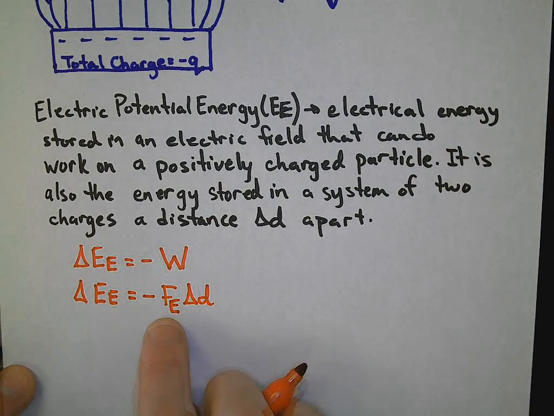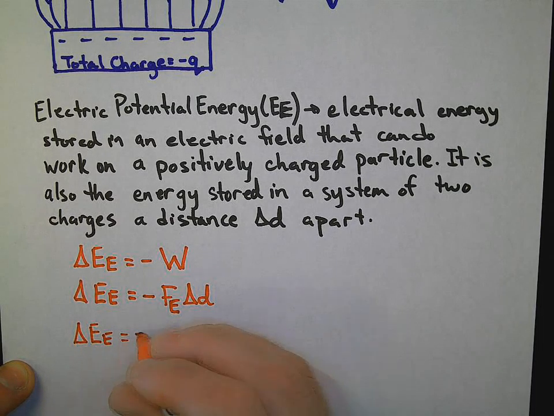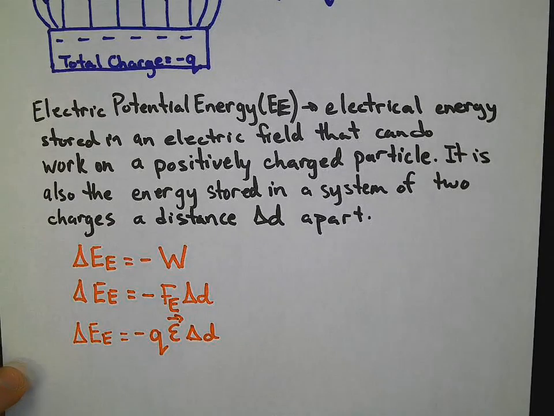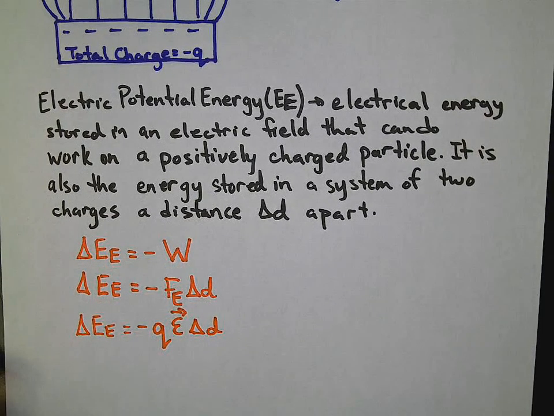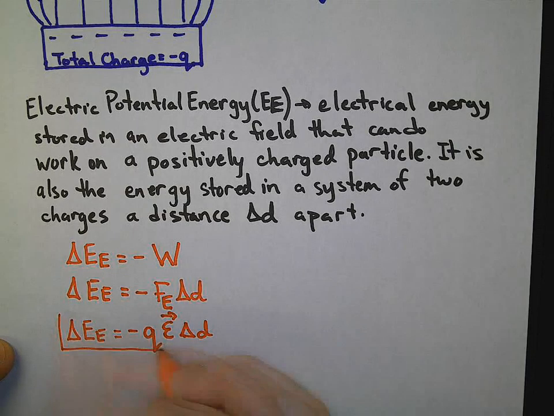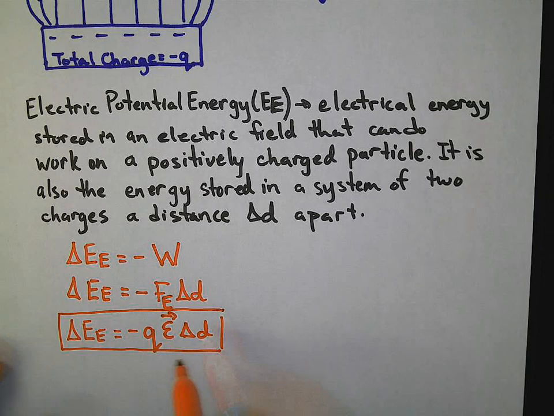But we have a formula that we can calculate our electric force with, so our change in potential electric energy is negative QE multiplied by some distance delta D. And this gives us the change in potential energy through some displacement D.